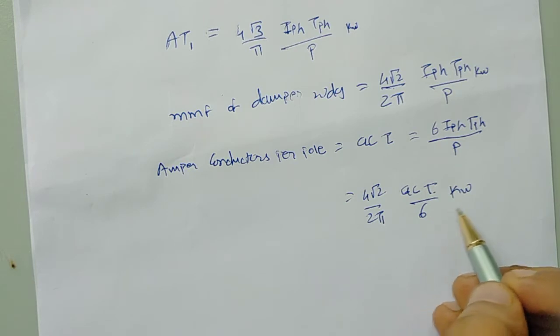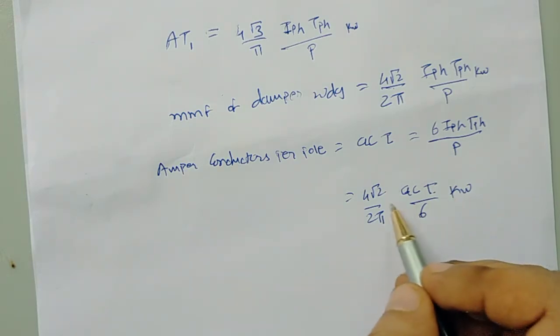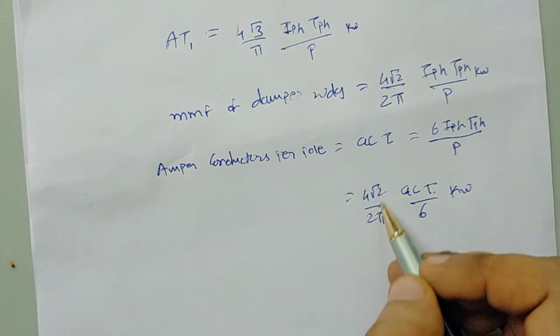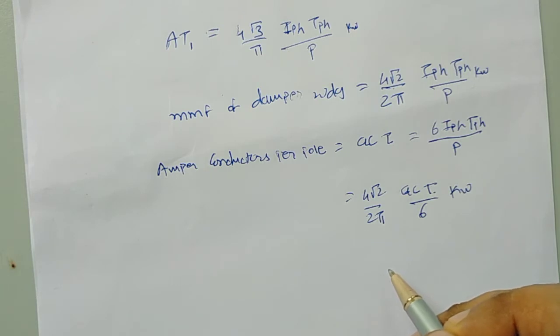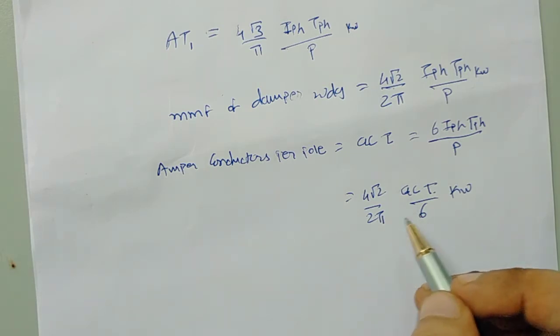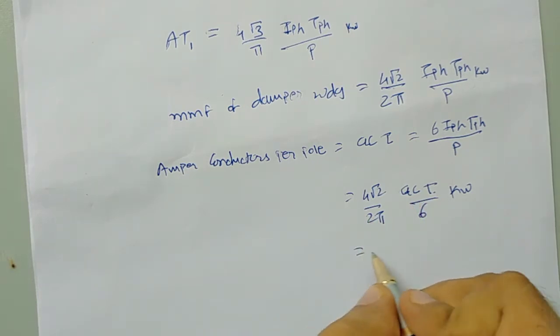Now we know the value of the winding factor, it is 0.955.